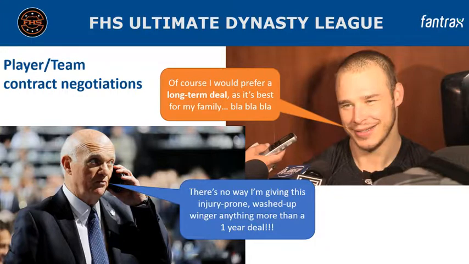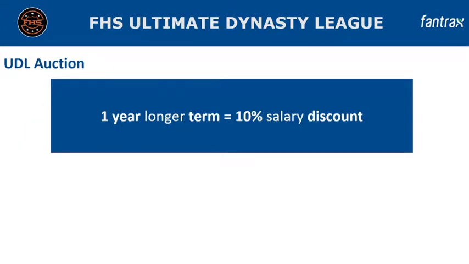So we summarize these two assumptions in one simple formula or equation: 1 year longer term in the UDL auction equals 10% salary discount. This is important also to keep in mind because you will need this in the back of your mind for the auction.